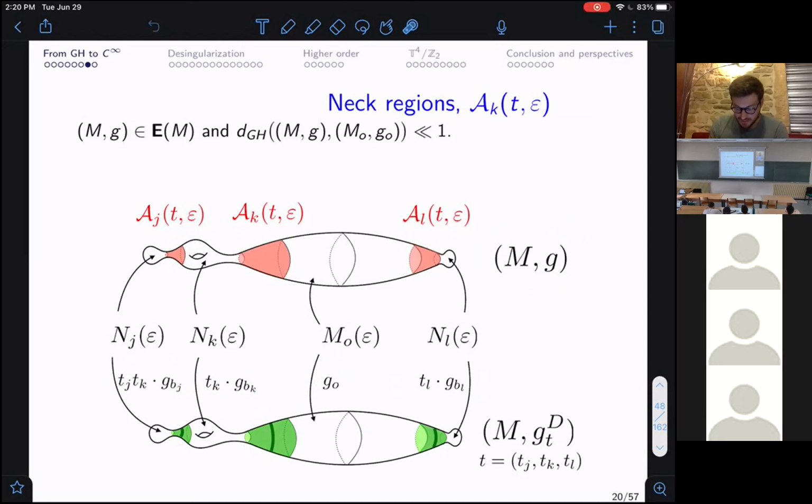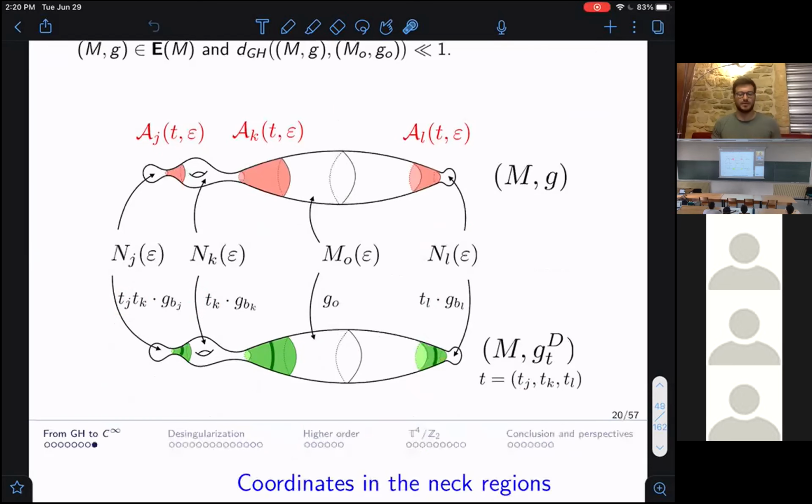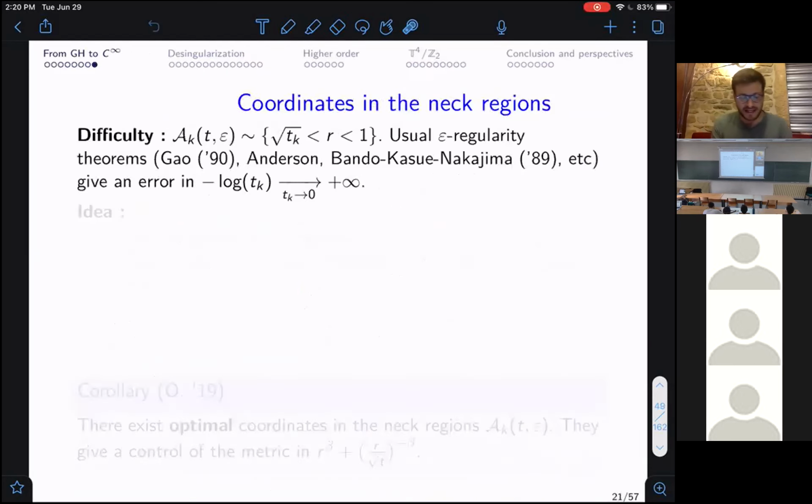And so you see that there are several parameters in the gluing, and they look like this. These neck regions are bad because you have arbitrarily different smaller and larger radii in these regions. And so all of these epsilon regularity theorems give you nothing. They just give an error that blows up.